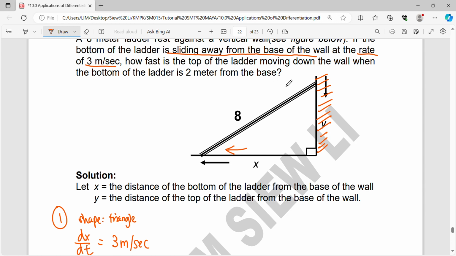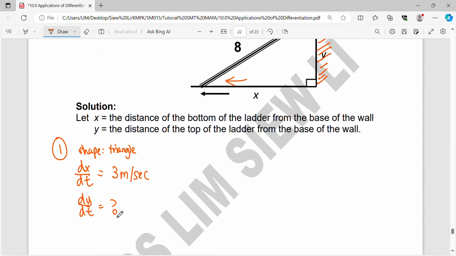And you want to find this rate when the ladder is 2 meters from the base. So you want to find this dy/dt when x equals 2. Lastly, we substitute into our chain rule.